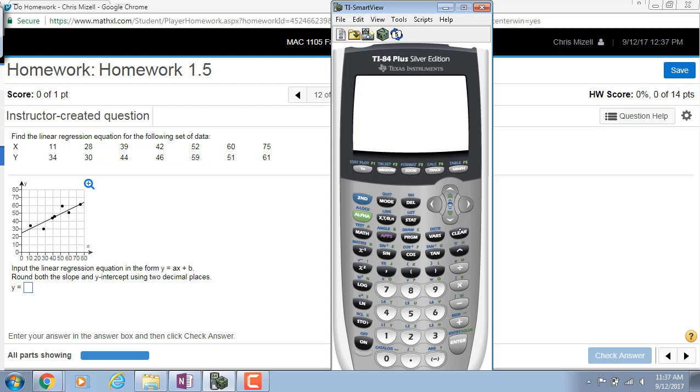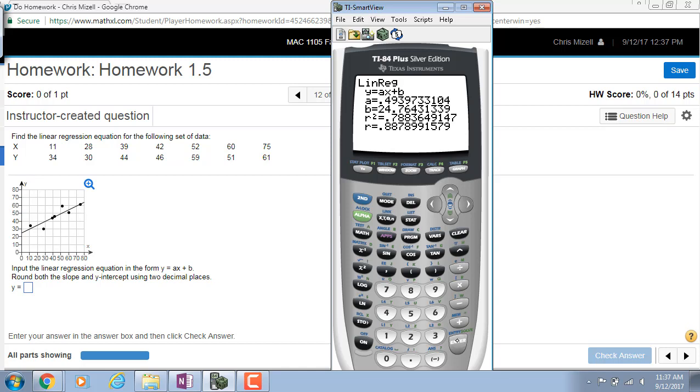And then looking at this one from scratch, once the data are in there, I would press Stat, and then press the right arrow to the Calculate menu, and then number 4 for linear regression. And if I'm confident it's looking at the L1 list for my X values and the L2 list for my Y values, I'll simply press Enter or Calculate.